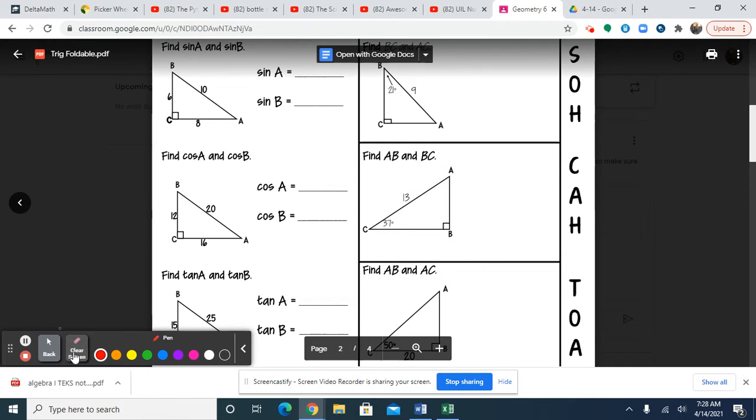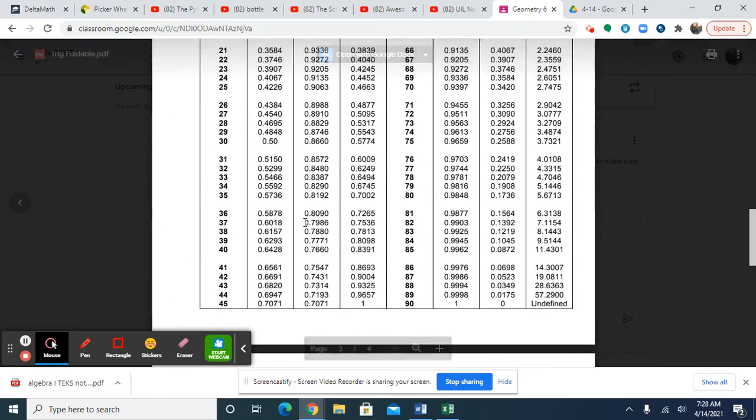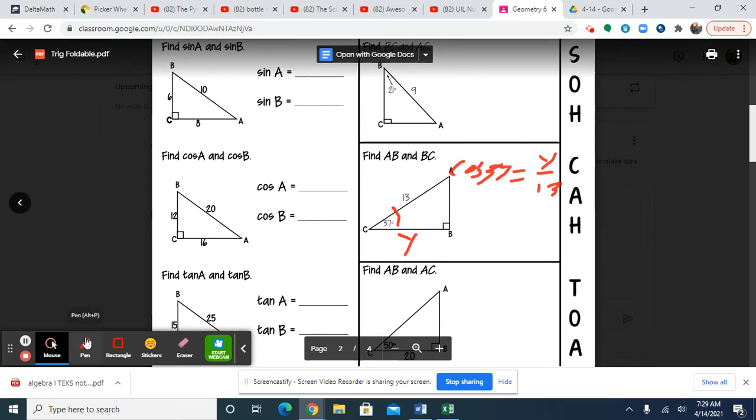Now let's go ahead and look for Y. Now we have the adjacent side over the hypotenuse, 13. So we can use cosine of 37. Cosine of 37, come down here, we can see that it is equal to 0.7986. So 0.7986 is equal to Y over 13.